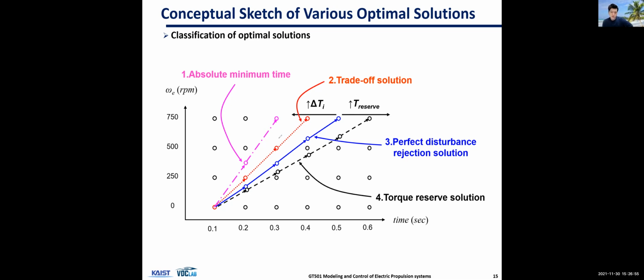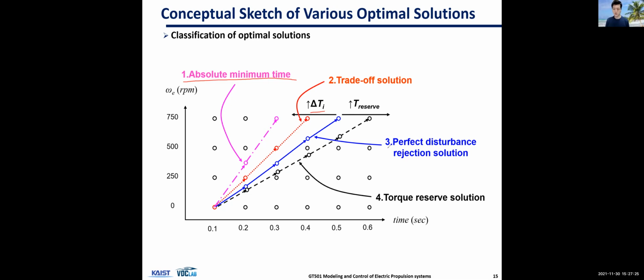So this is, like I said, just conceptual solutions, okay? So we probably have an absolute minimum time, right? If you just apply maximum pressure on the clutch, then you will start the engine as fast as possible, but you will have a lot of delta T, right?